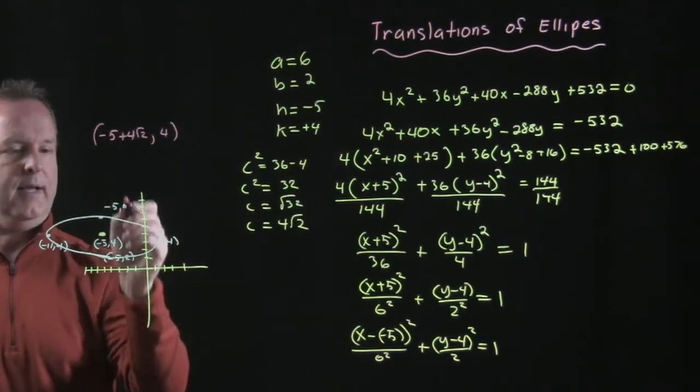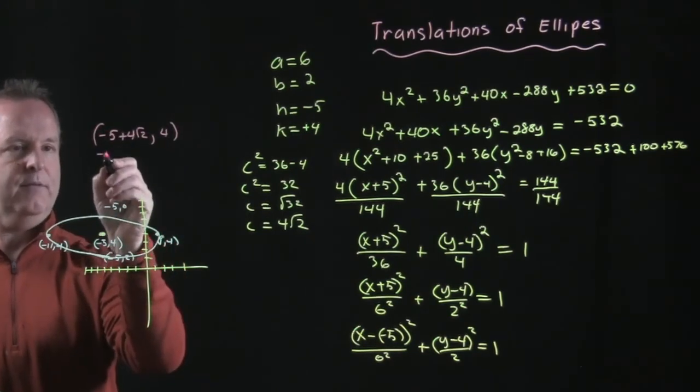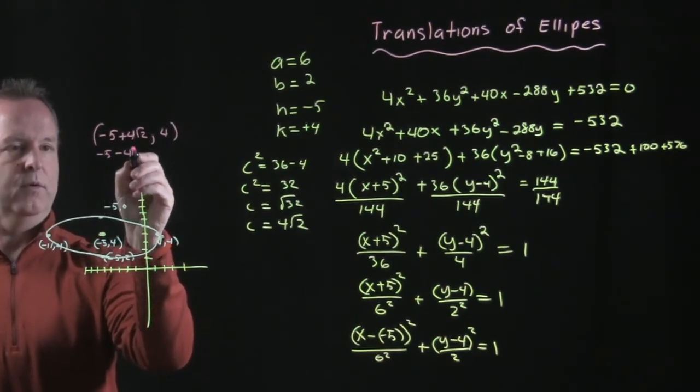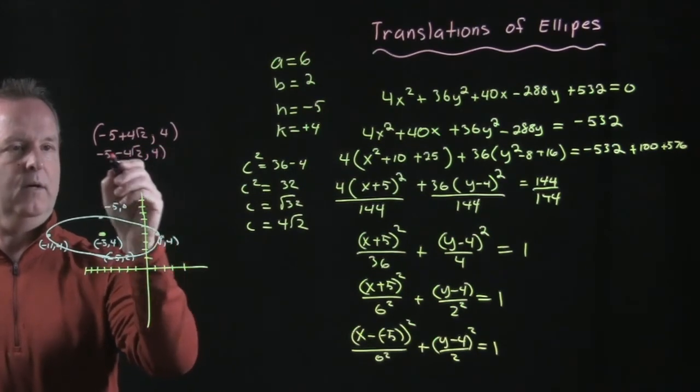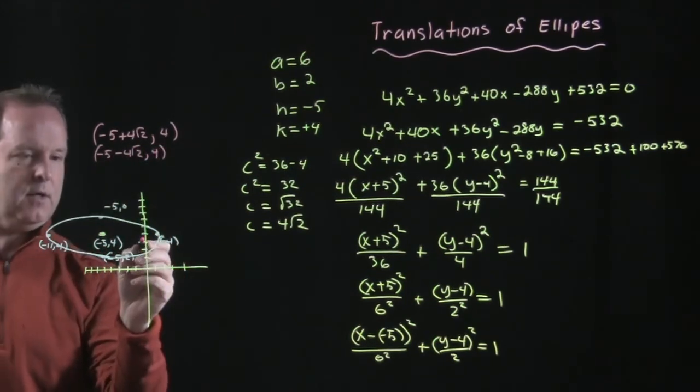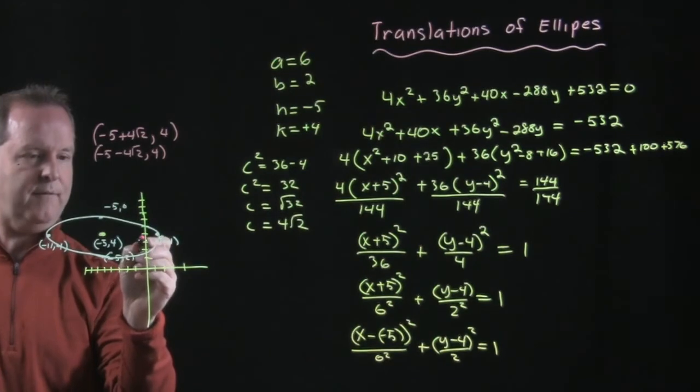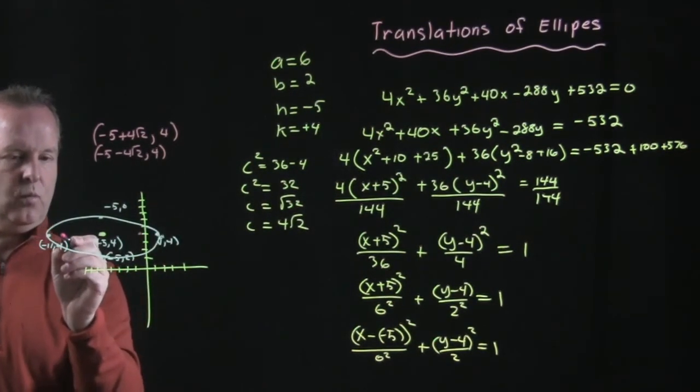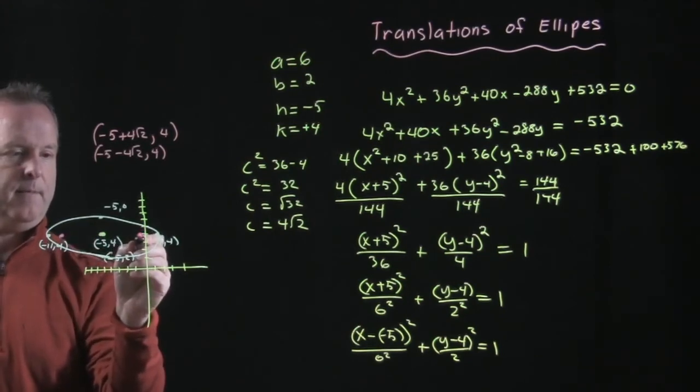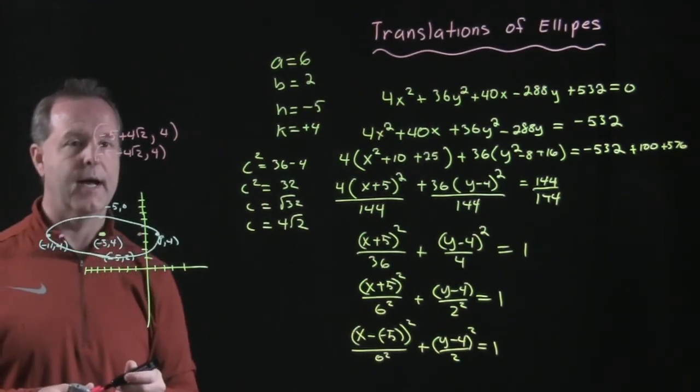That's one point. And the other point is -5 minus 4√2, comma 4. Those are the two points. So up 4, not quite 5. It looks like I have a point right about there and one right about there. And so those are my two foci.